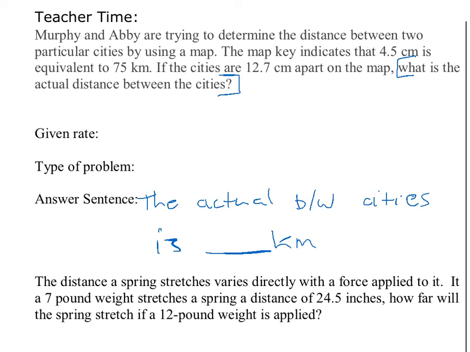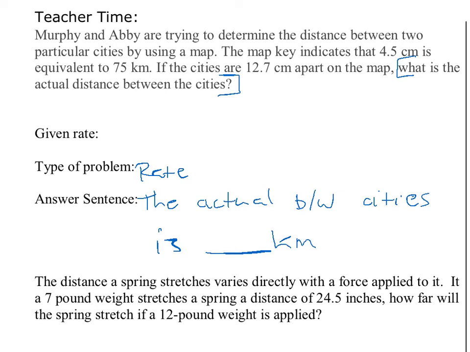Was there anything that you underlined to identify this as a possible rate problem? Kyrie? I chose as a rate. And where did you read? Read for me what you boxed in was the given rate, Emmanuel. What did you box in the word problem that was the given rate?